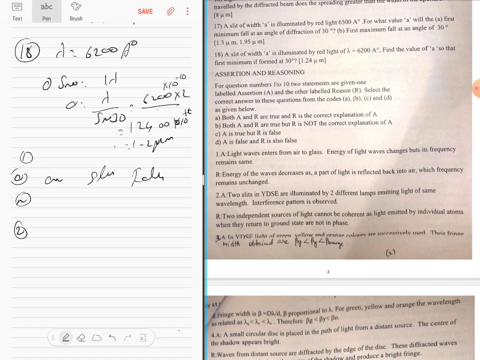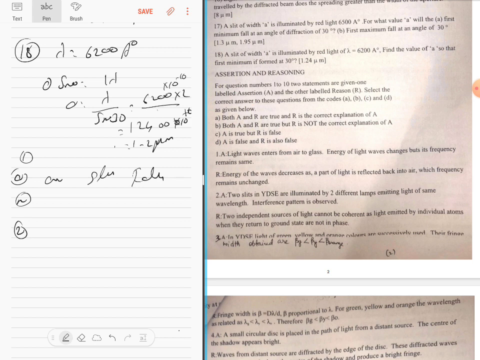I don't understand this, but they say that supposing there are two independent sources, they cannot emit waves continuously. That is the explanation that's been given. Just remember it and we'll brainstorm it in class, okay?